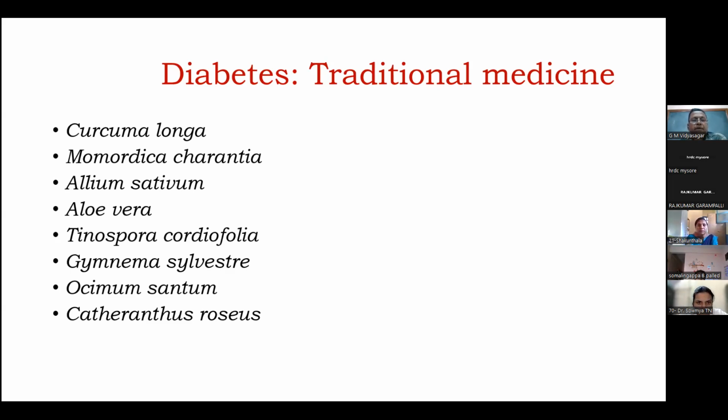So therefore, if we are consuming different plants or different vegetables in the form of either food or drug, probably they have more or less anti-diabetic activity, and they will be useful in managing the diabetes or sugar disease.